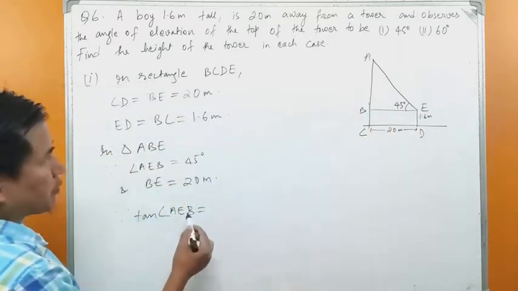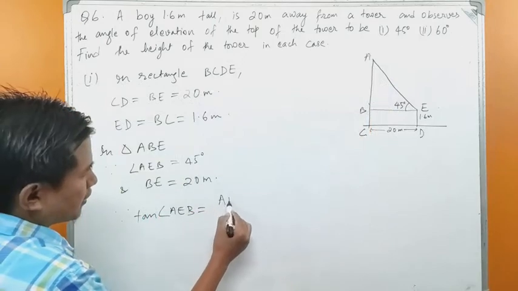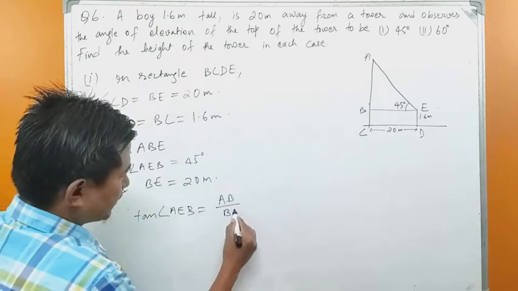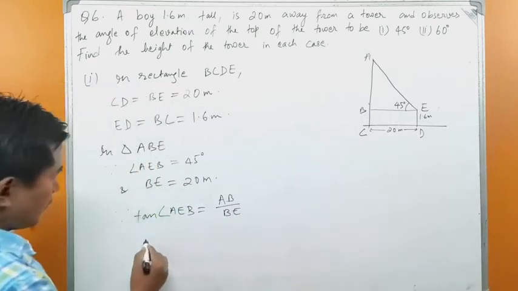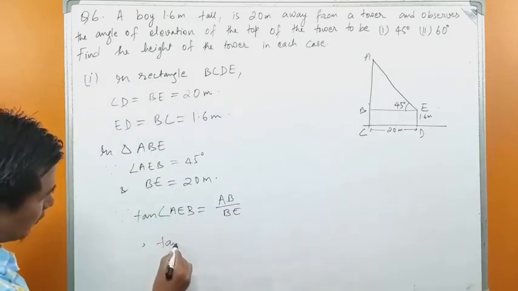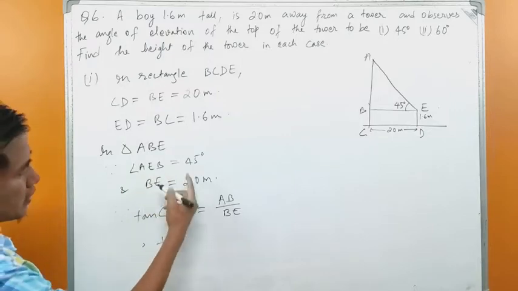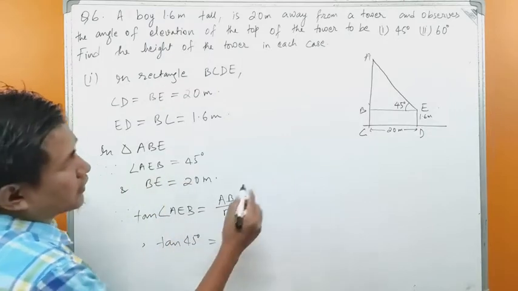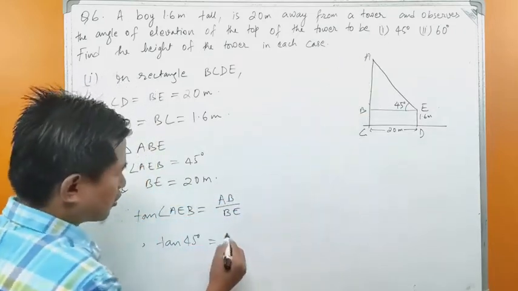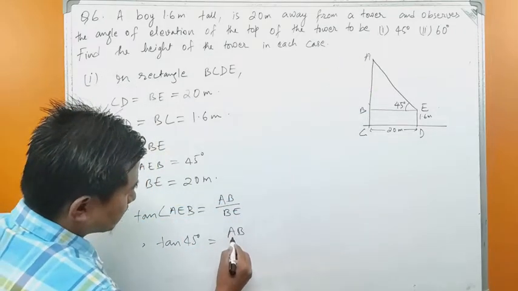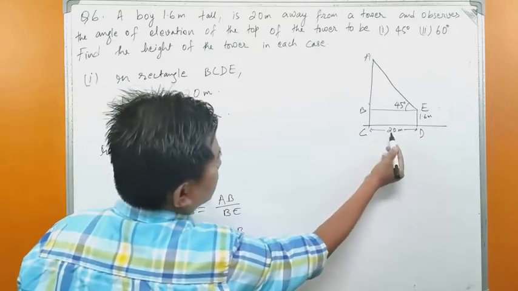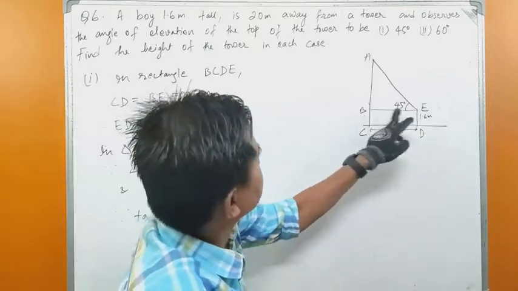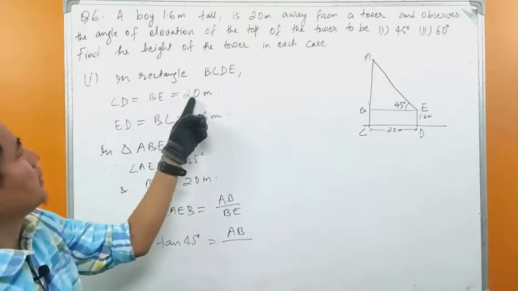So tan of angle AEB, which is given to us as 45 degree, equals AB by BE. AB is not known to us, so we write AB upon BE, BE is 20 meter. CD and BE are equal, 20 meter.